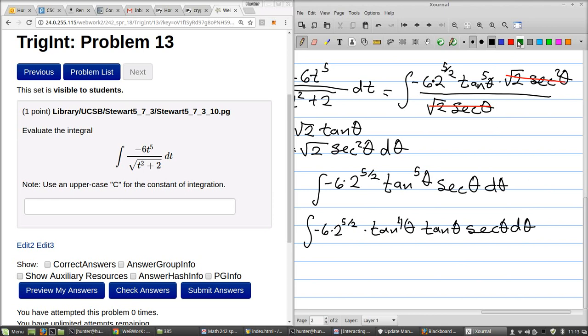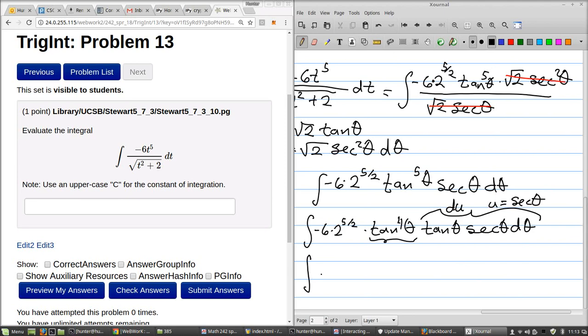And now the whole point is that this can be, oh, I didn't manage to change color, sorry. This can be du if u is equal to secant theta. I don't have any secant thetas, but because it's an even power of tangent, I can turn these into secants.